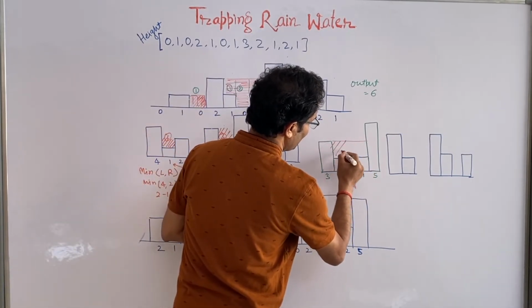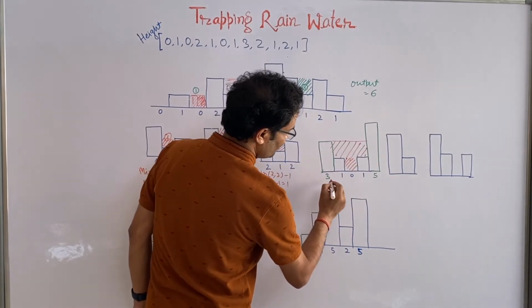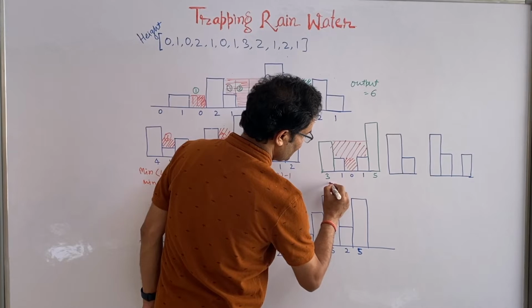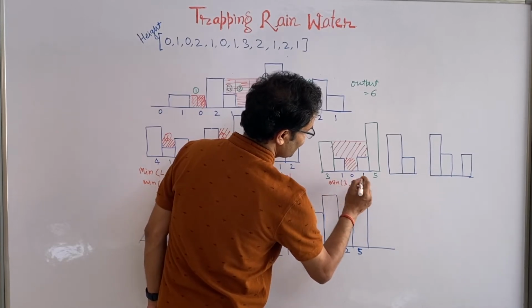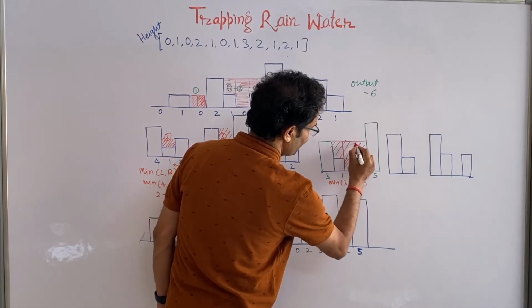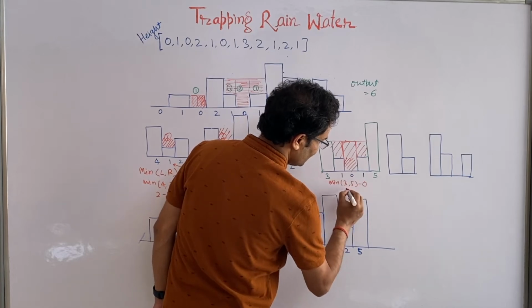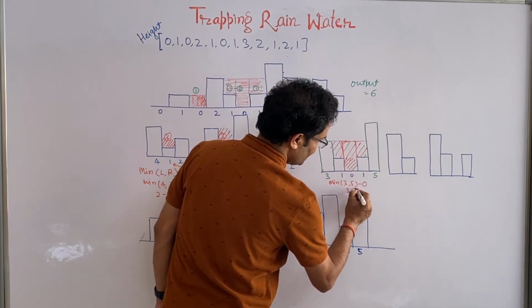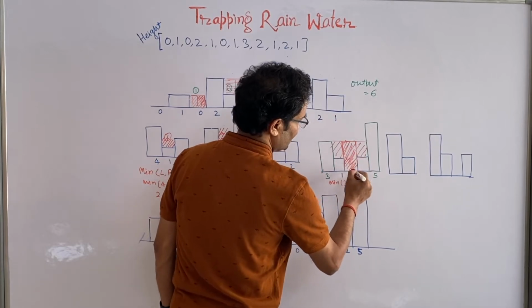This much water you can consume. So what is the formula here? Minimum of 3 and 5 minus current height, right? If you are considering only this building, minimum of 3 and 5 is 3, so you can have 3 units of water.